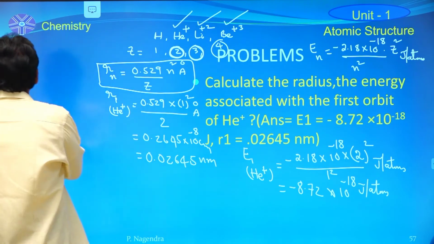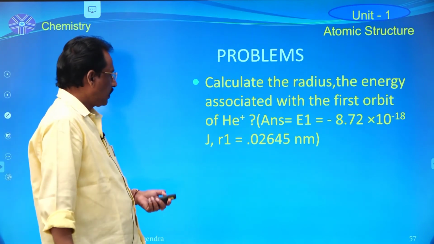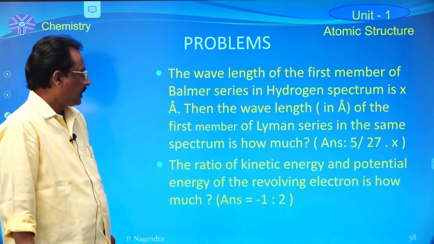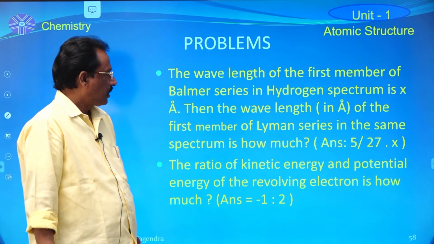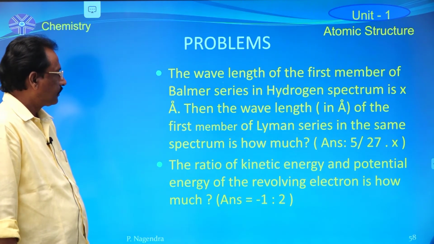So Bohr's theory is useful to calculate radius, energy of the orbit.